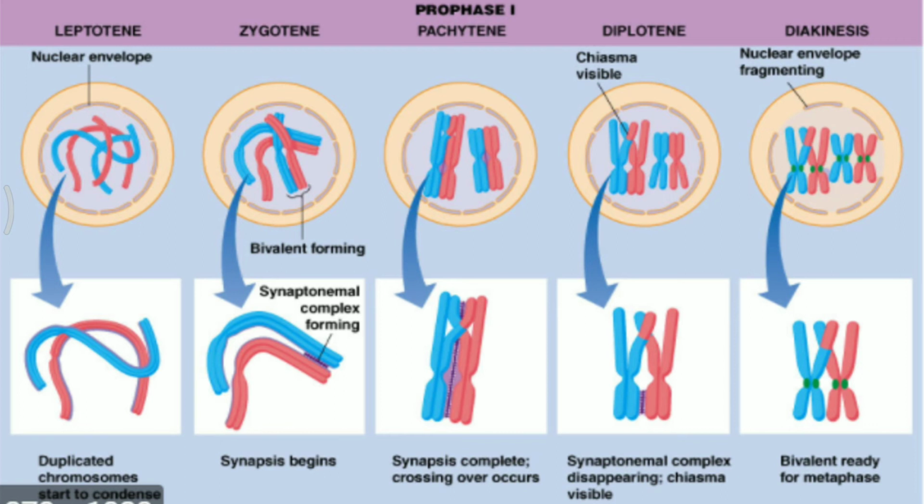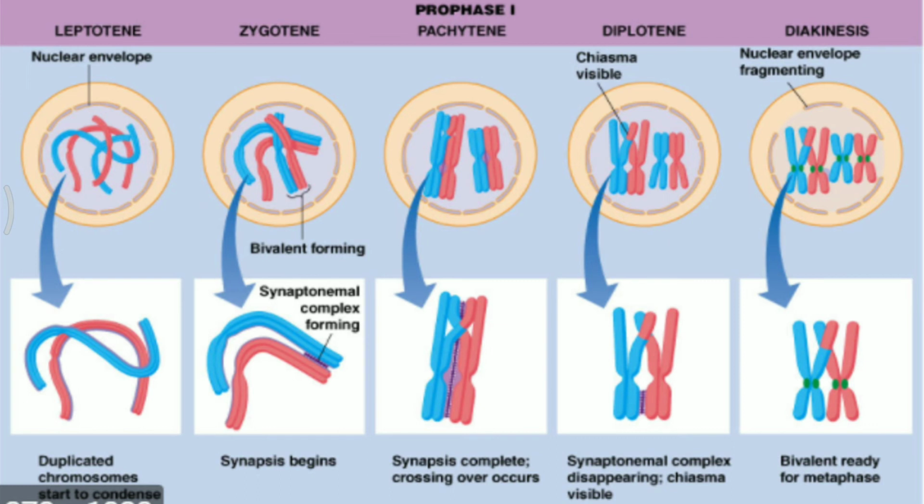In the diplotene stage, the non-sister chromatids of the homologous chromosomes actually get separated from each other. The crossing over has been completed by the end of diplotene, and by the end of diakinesis they are completely segregated.